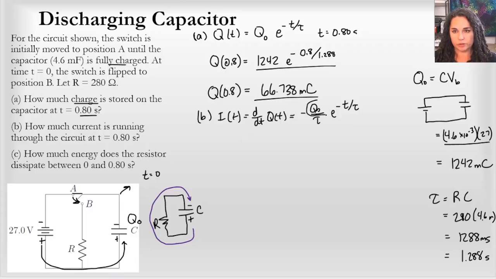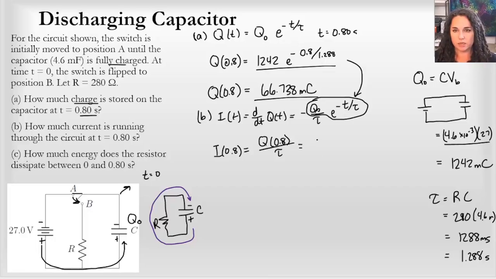I'm going to note that this term here, isn't that what this is? So I'm going to get I of 0.8 is going to be Q of 0.8 divided by tau, interestingly. Do you all see that? Q naught e to the negative t over tau, when I take that derivative.